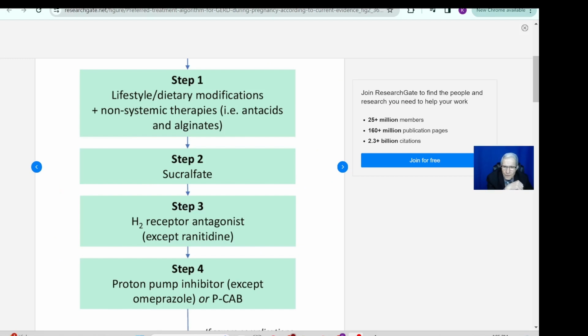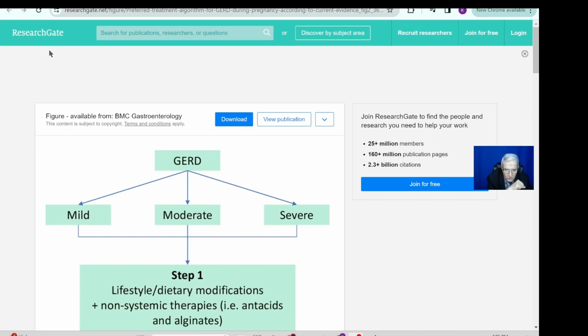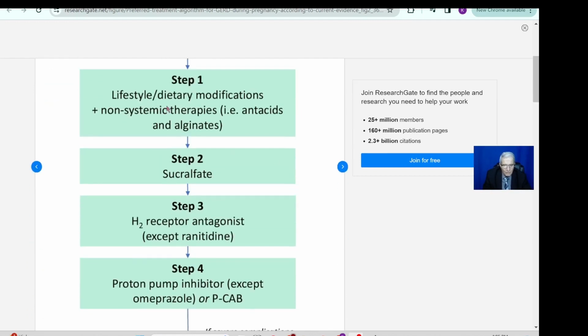At the end of this brief lecture today, around 30 minutes, let me share with you a website from ResearchGate that presents guidelines for GERD. In this published article, they said that if you have GERD, depending on the severity, mild, moderate, or severe: Step 1, go with lifestyle modification, dietary change, non-systemic therapy, antacid or alginate.